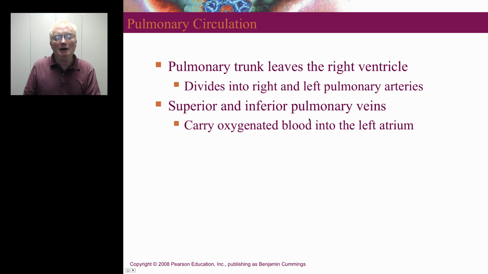What I've been talking about primarily refers to the peripheral vasculature, the peripheral blood supply, coming away from the heart and going out to the arms, the legs, the head, and so forth. The second branch of the circulation, the pulmonary circulation, comes away from the heart and goes out to the lungs. The pulmonary trunk leaves the right ventricle, which divides into the right and left pulmonary arteries, and those go to the right and left lungs, respectively.